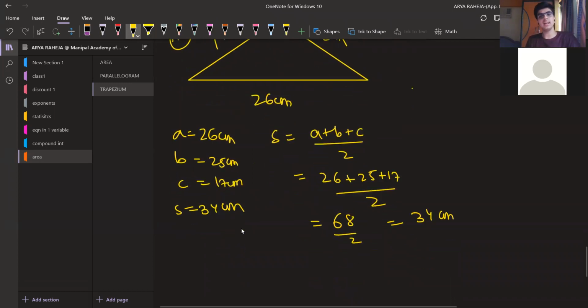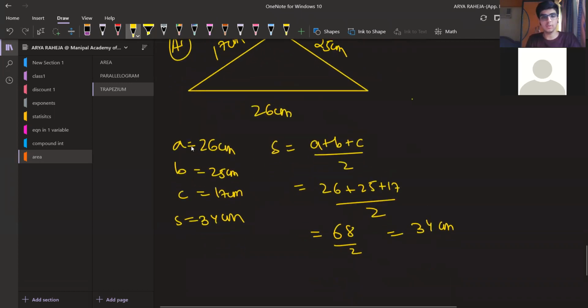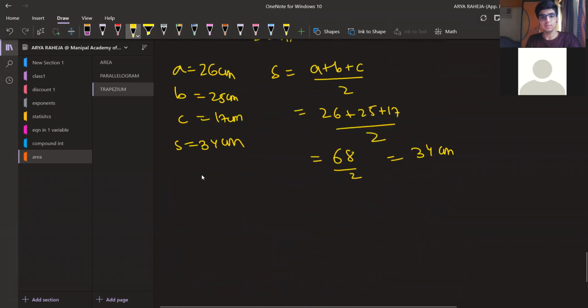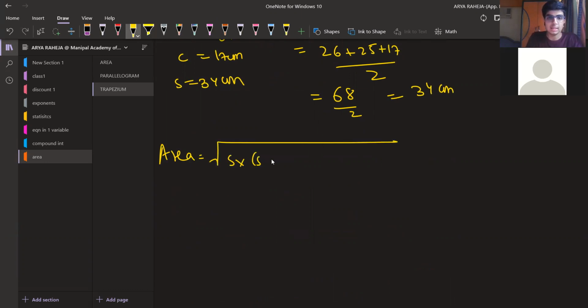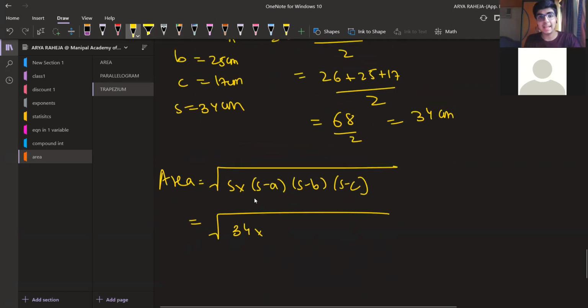And अभी क्या करना है next? Once we found, देखो formula देखते हैं अभी. So area is equal to under the root S into S minus A into S minus B into S minus C. So now under the root, ये अंडर द रूट मत भूलना, ठीक है, नहीं तो बहुत ही अलग आंसर आ जाएगा. So under root of 34 into S minus a, कितना होता है?